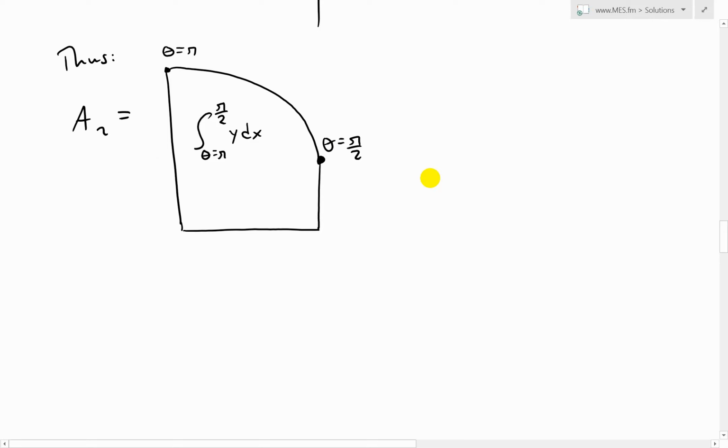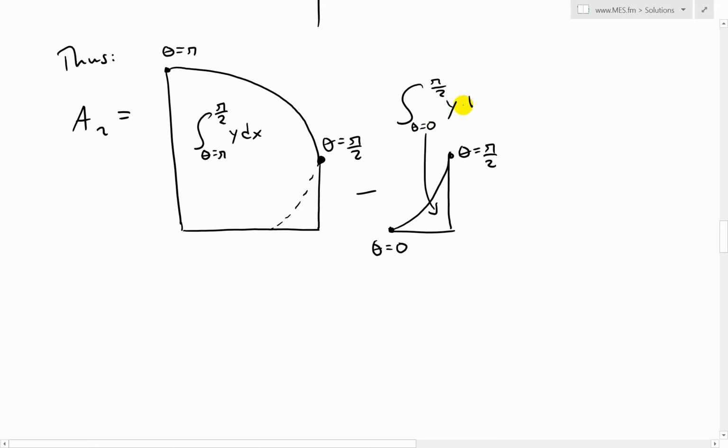And then we need to subtract this part right here, so we put a minus sign. This section is where the integral goes from theta equals 0 up to here, again theta equals pi over 2, going from left to right, so from theta equals 0 up to pi over 2 of y dx.